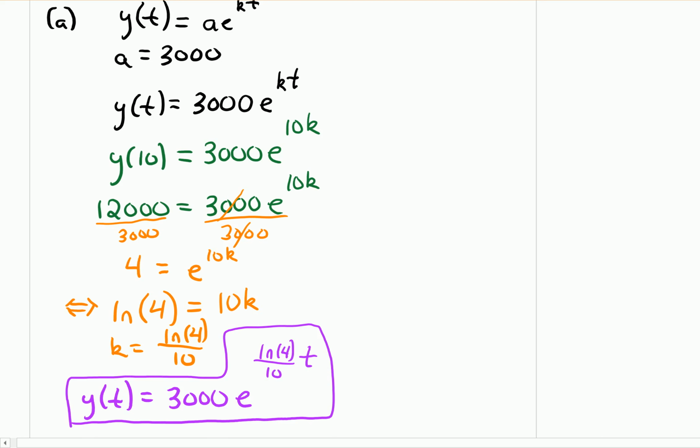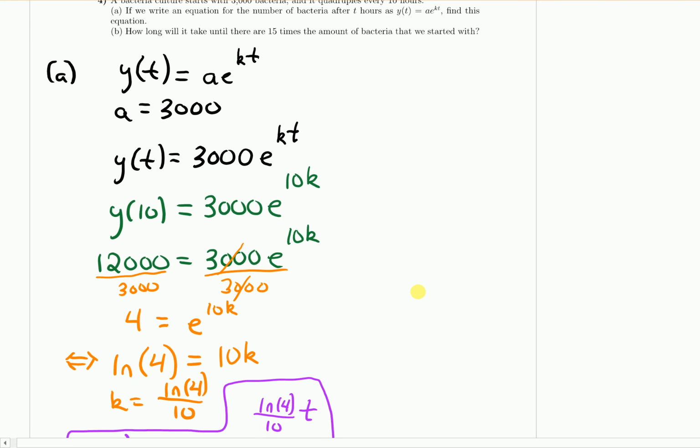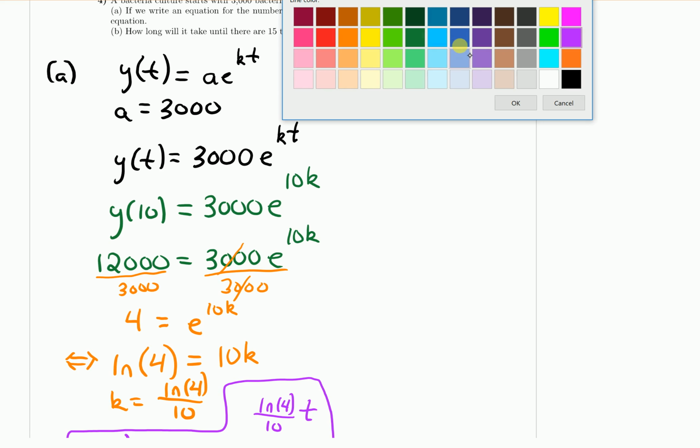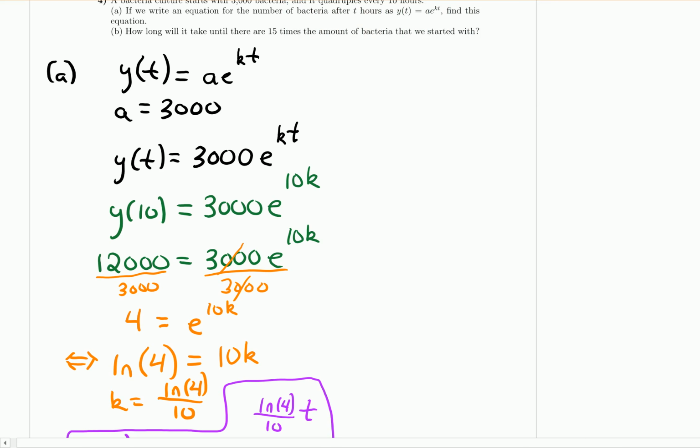Let's look at what part B says now. Part B says, how long will it take until there are 15 times the amount of bacteria that we started with? Okay, so for part B, what we want here is the final amount to be 15 times the initial amount.